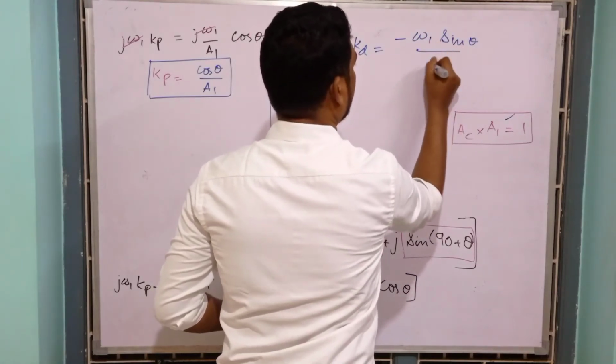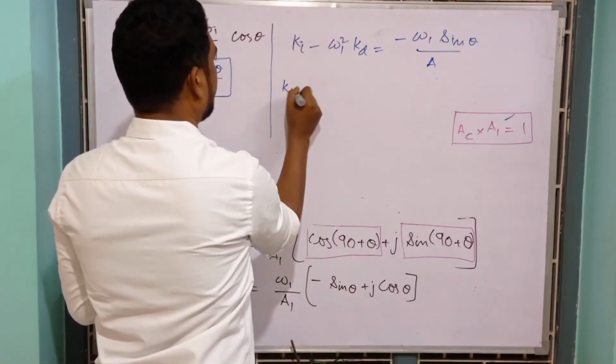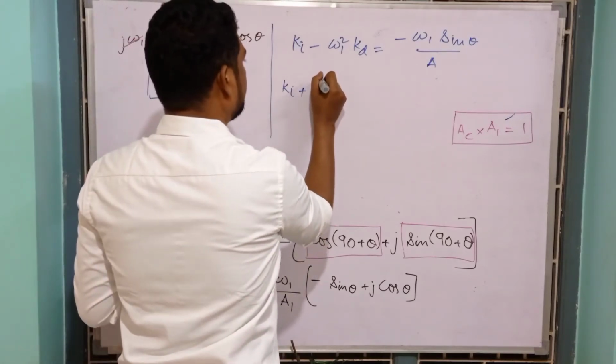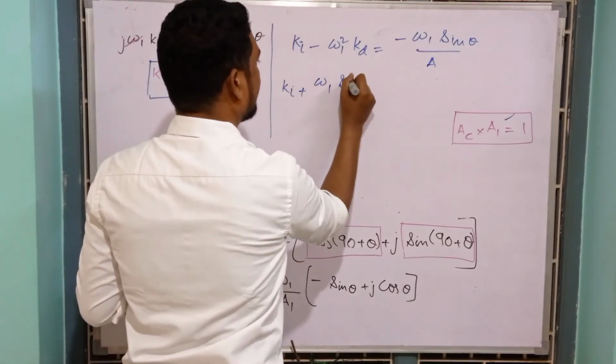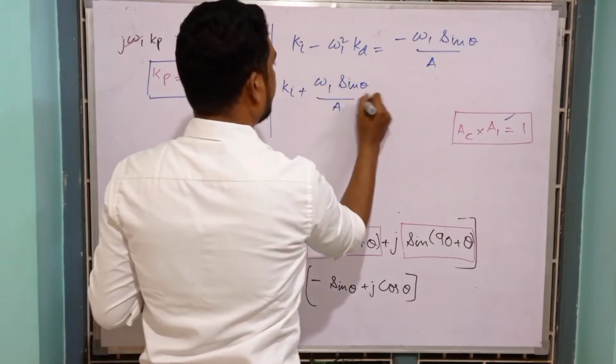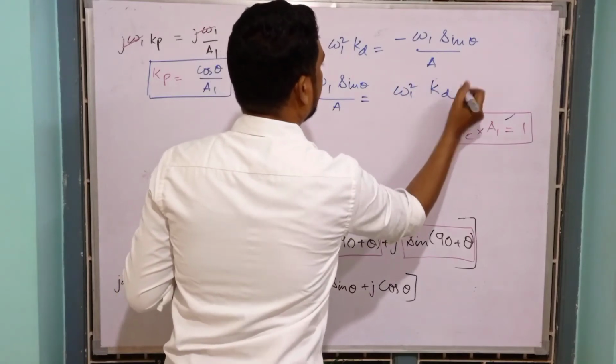by a1, guys. Okay, and another small modification over here: ki, shifting this side, plus omega 1 sin theta by a1 will be equal to omega 1 square kd.